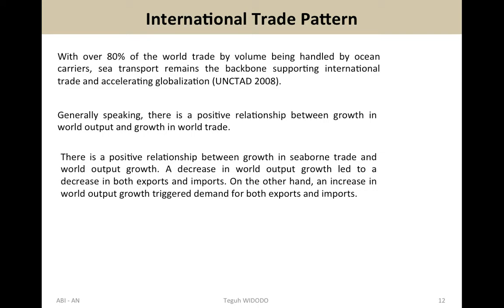Generally speaking, there is a positive relationship between growth in world output and growth in world trade. There is a positive relationship between growth in seaborne trade and world output growth. A decrease in world output growth leads to a decrease in both export and import. On the other hand, an increase in world output growth triggers demand for both export and import.